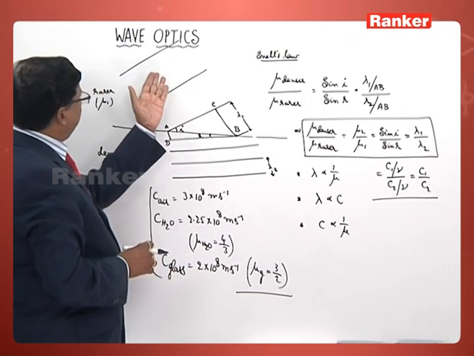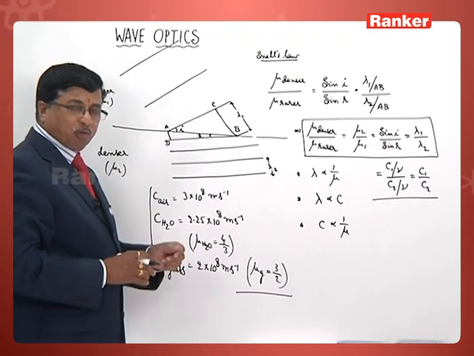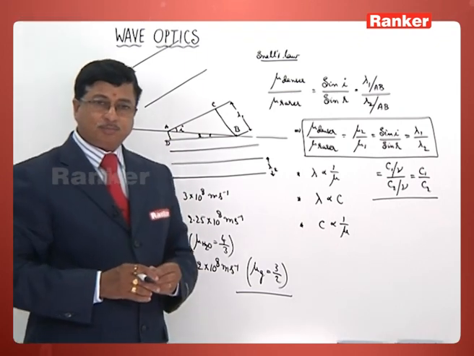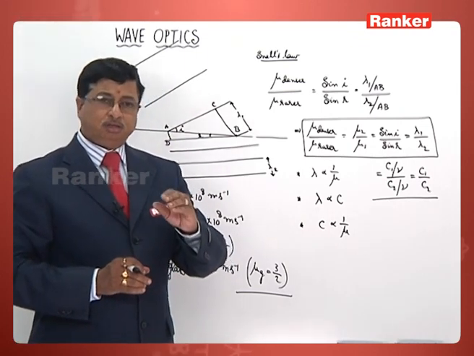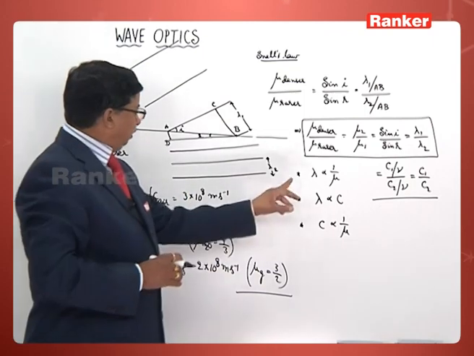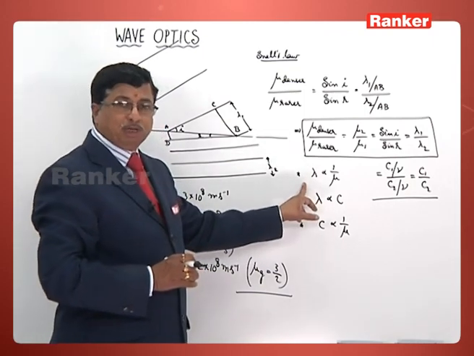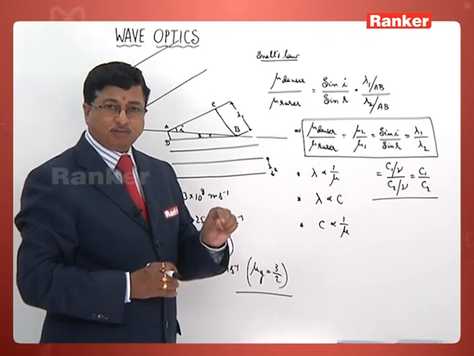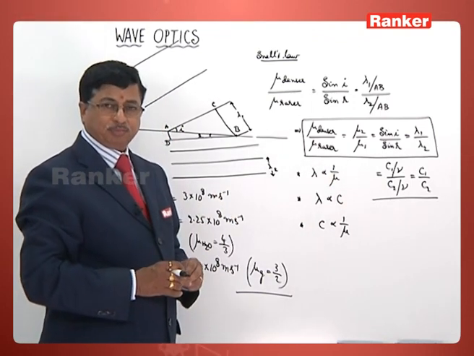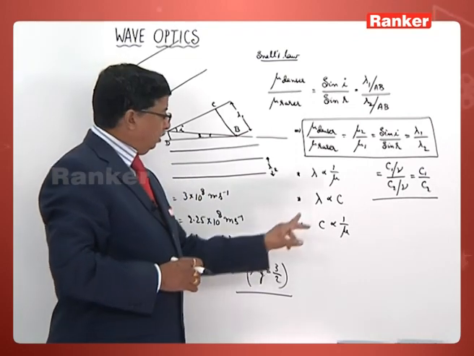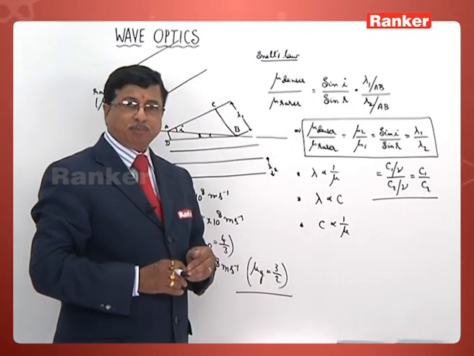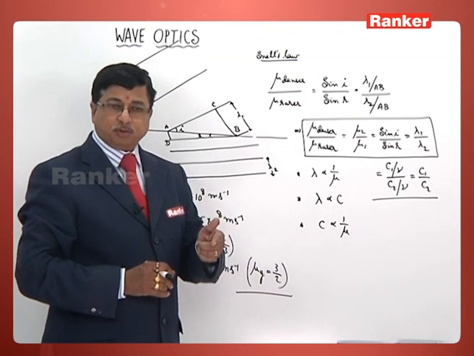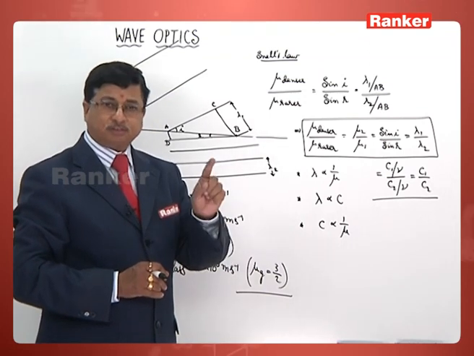So ultimately, by considering the wave principle given by Huygens, one can prove that the wavelength of light in a medium is inversely proportional to the refractive index of the medium. That is the first point. The wavelength of light in a medium is directly proportional to the velocity of light in the same medium.